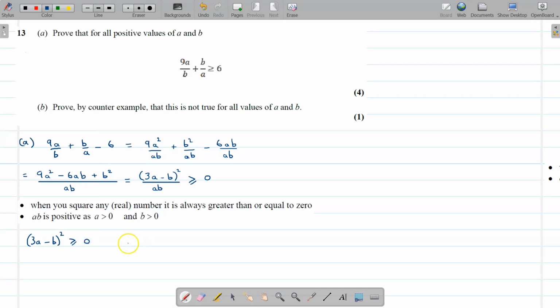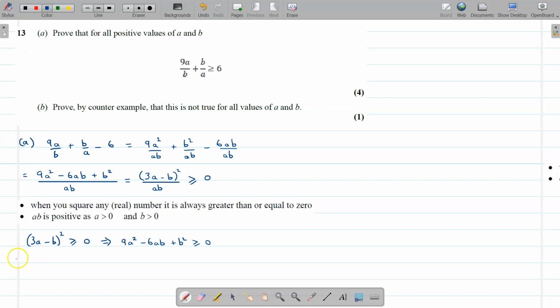And because of that we can say that 9a squared minus 6ab plus b squared is greater than or equal to 0, and then we can start working backwards, if you like, from where we came from.